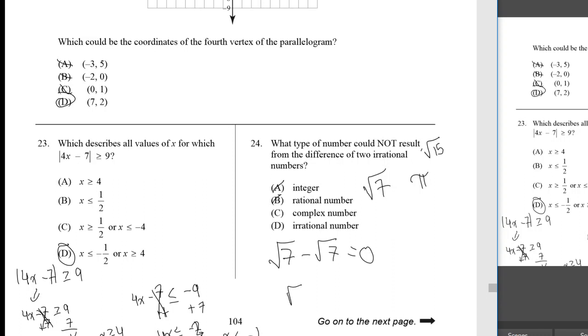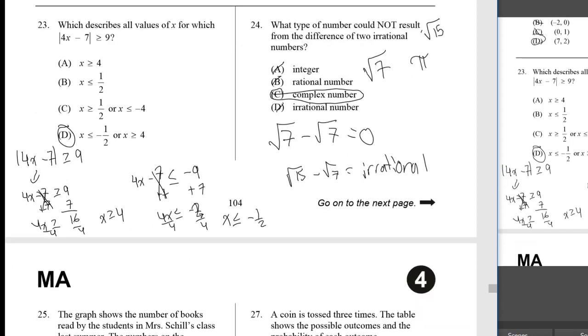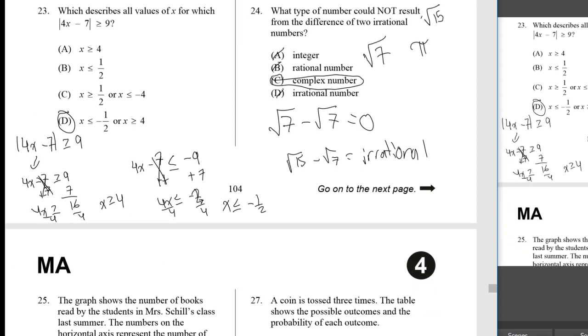If I take the square root of 15 minus the square root of 7, I don't know what it is, but it's going to be an irrational number. It's going to go on forever without any sort of pattern, because they're two numbers that don't have a pattern in the first place. So in that case, it has to be a complex number. And it makes sense because complex numbers have imaginary parts as well. So that's why that kind of works.